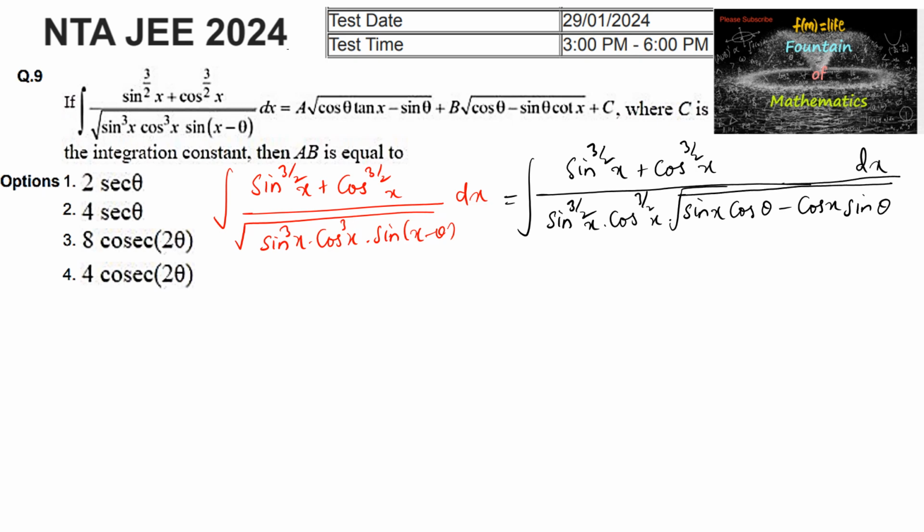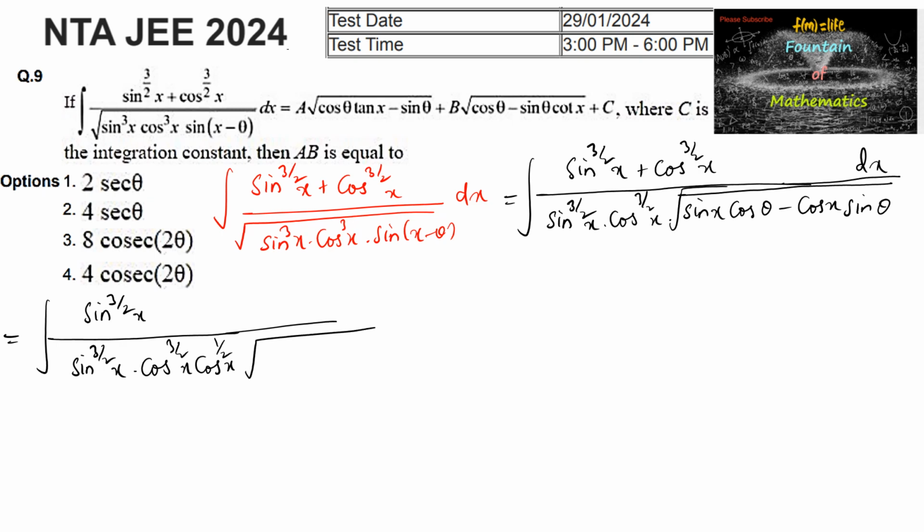The dx, which is equal to integral sine power 3 by 2 x upon, here let me take cos x common, sine power 3 by 2 x into cos power 3 by 2 x into cos x. If I take common, then cos power 1 by 2 will come outside, into root of sin x by cos x will be tan x cos theta minus sin theta.